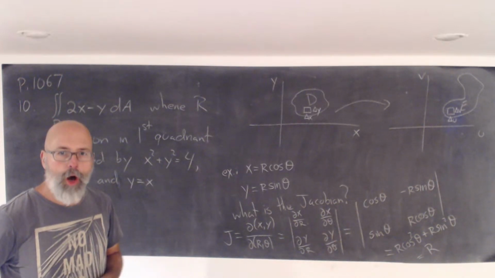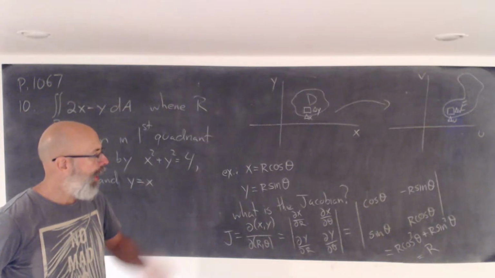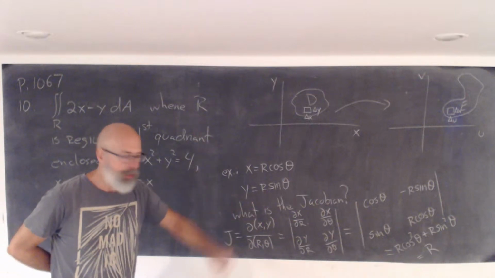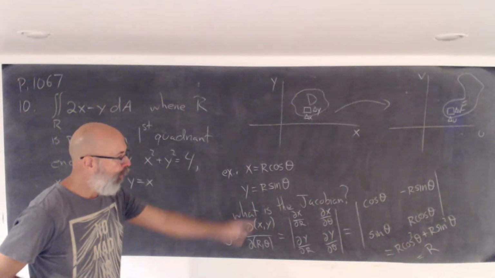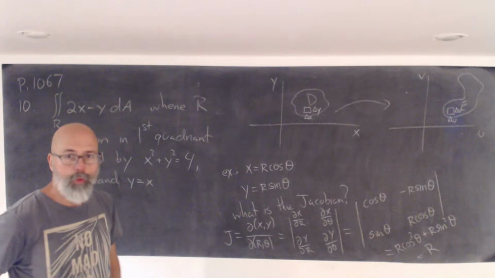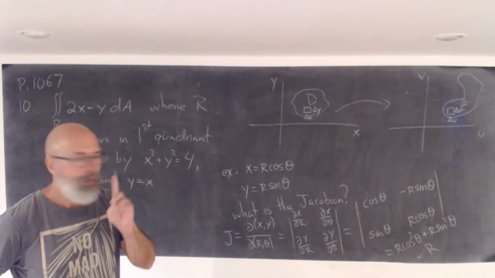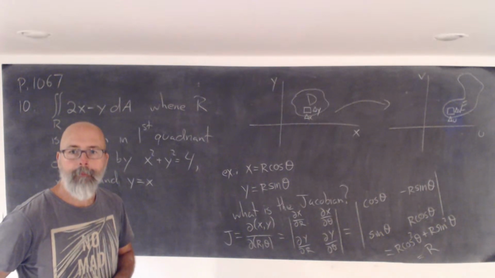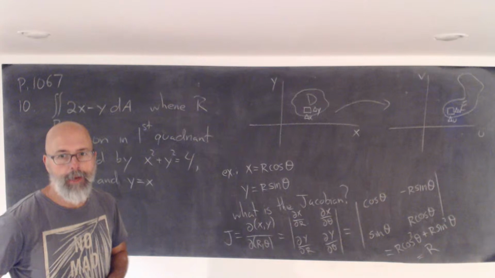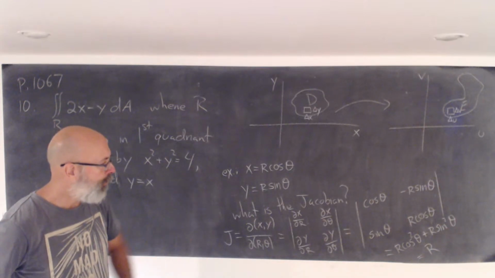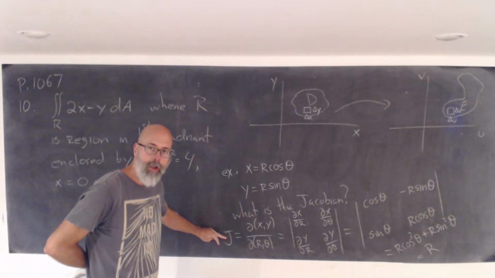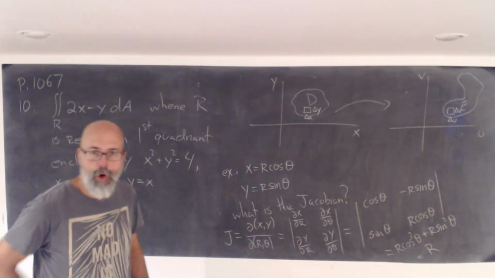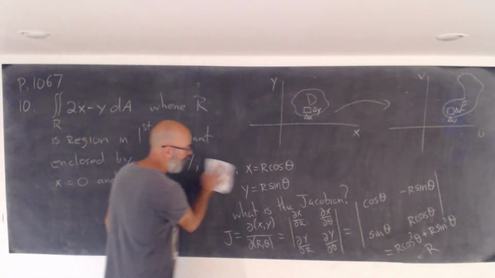This happens often enough that you don't need to work it out ever again. You can just refer to the result we got. You know the Jacobian for the polar coordinate transformation is r. Even on an exam, absolutely. On an exam, you can say that we know the Jacobian for the polar coordinate transformation is r. There's no need to work it out.